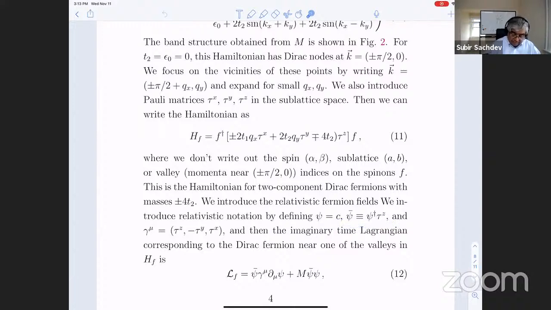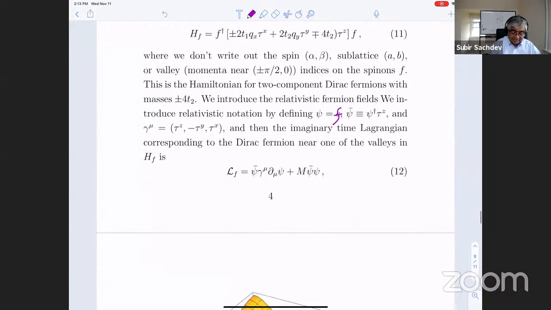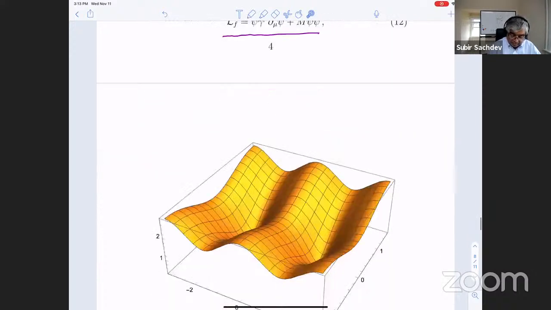Let me change that. So this is an F. Then you get, in fact, precisely the massive Dirac Hamiltonian. So you can actually derive the relativistic form with all the notations that particle physicists love for this minimum and the other minimum and so on.